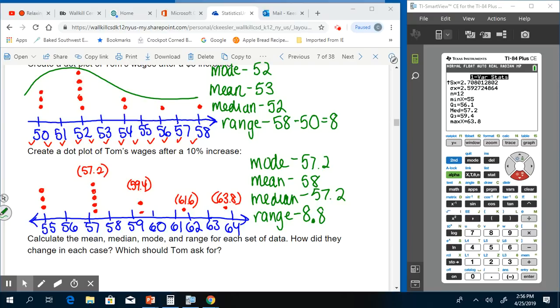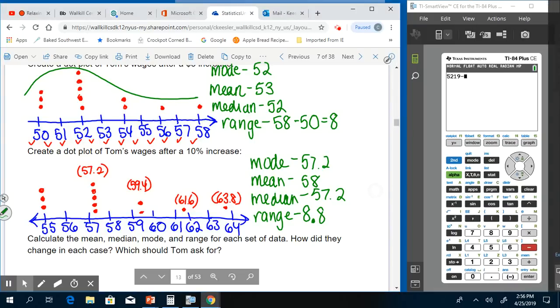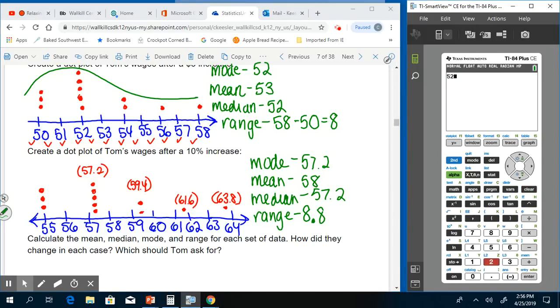So we're going from the original to the calculated in each one. Remember, when we just added a $5 amount, it just added 5 to the mode, mean, and median. When we did a 10% increase, that didn't just add to it. So the 57.2, when we had our mode originally of 52, if I do 52 times 1.1, gave me the 57.2, so it did multiply that by 10%.